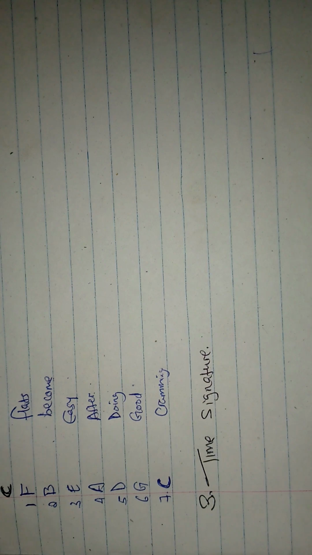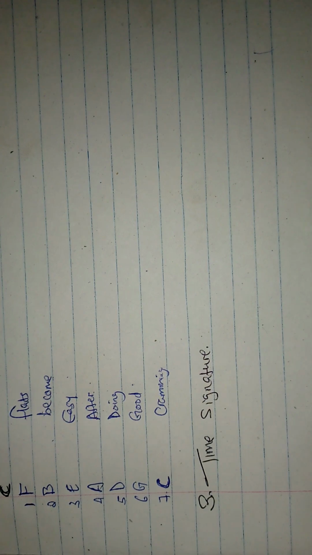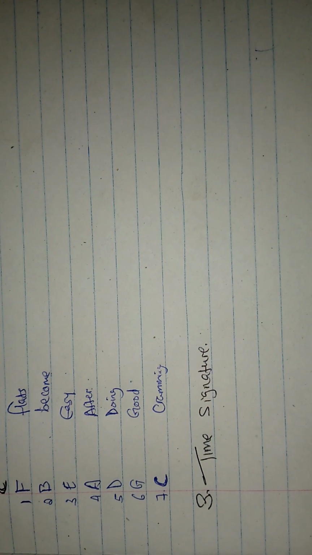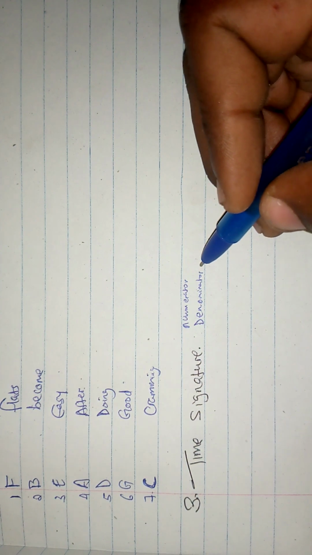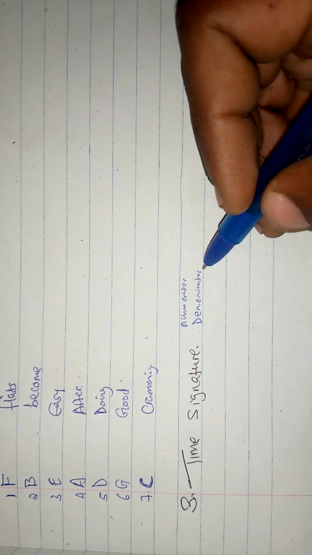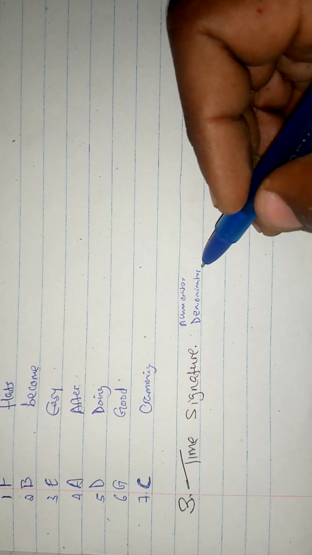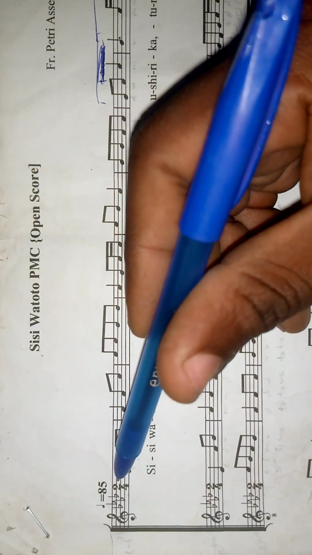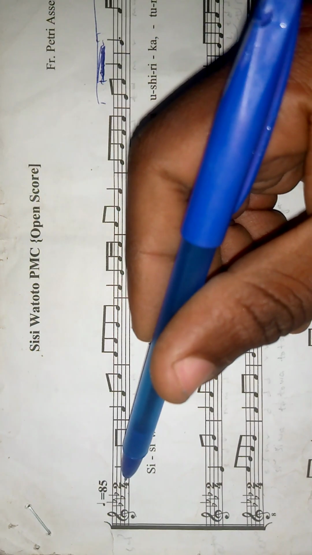Number 3, we have to look at the time signature, which is represented by a numerator and a denominator. That is 2 numbers. They are of different kinds, and from our example, we have 2, 4.